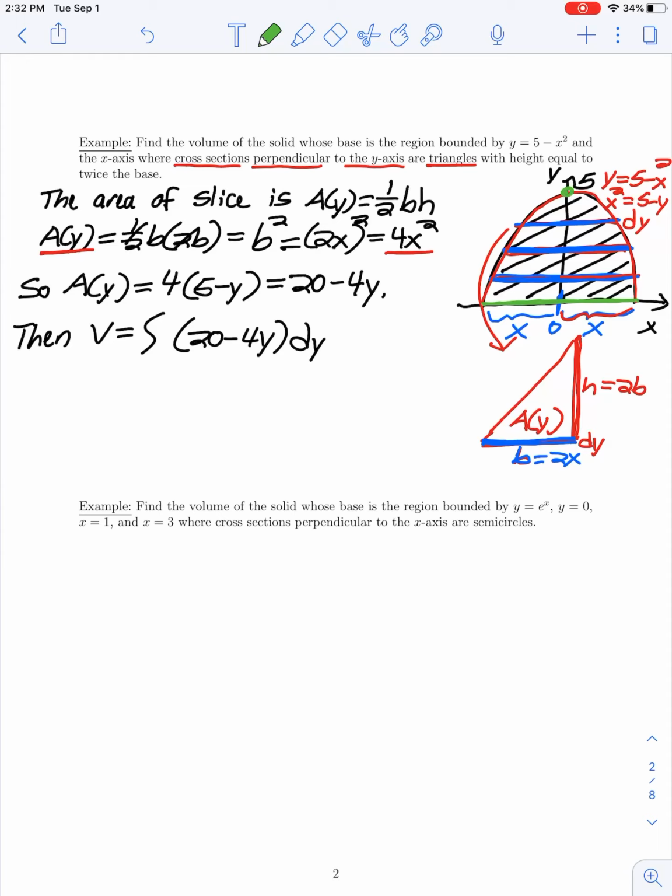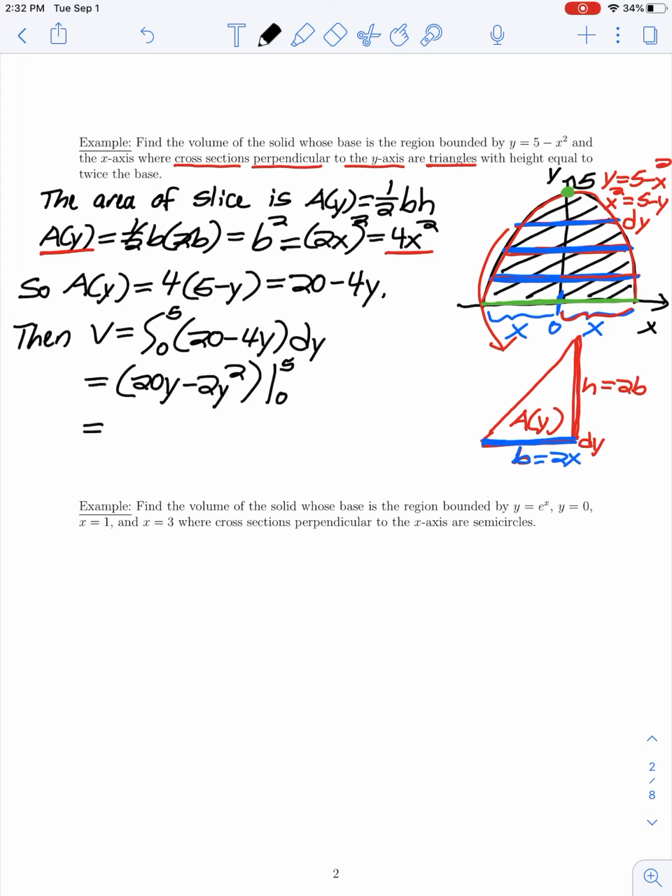And we can take slices all the way up to this top edge of my solid, which would correspond to y equals 5, the vertex of that parabola. So we're going to be integrating from 0 to 5 here. So let's see what we have. Taking the antiderivative of this function, we would have 20y minus 2y squared, which we're then integrating from 0 to 5.